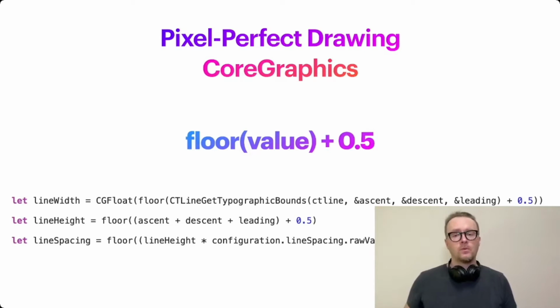Now, if you want to be pixel perfect, especially for the line spacing, stuff like that, you have to round, and this is the formula to round values to get the pixel perfect values: floor around plus 0.5. I found it very useful, and yeah, it saves some time.